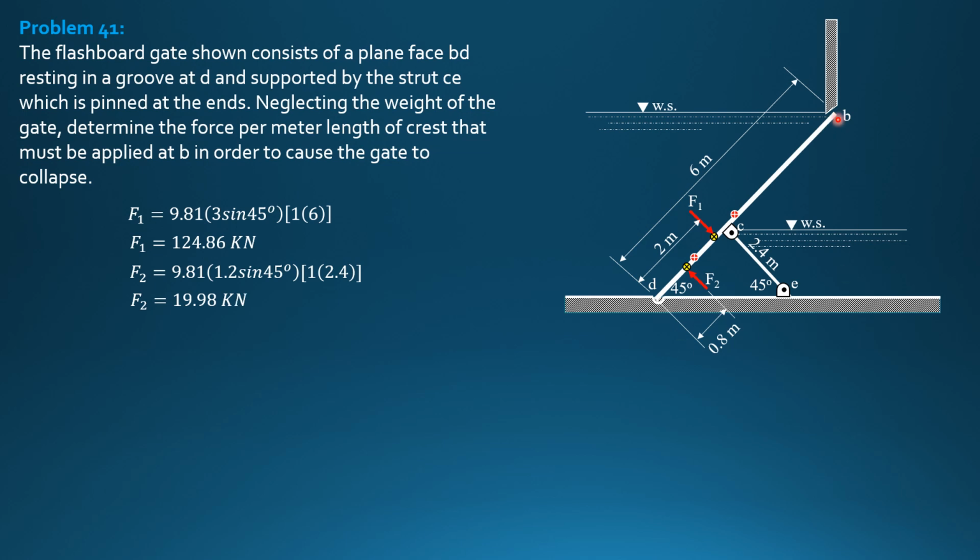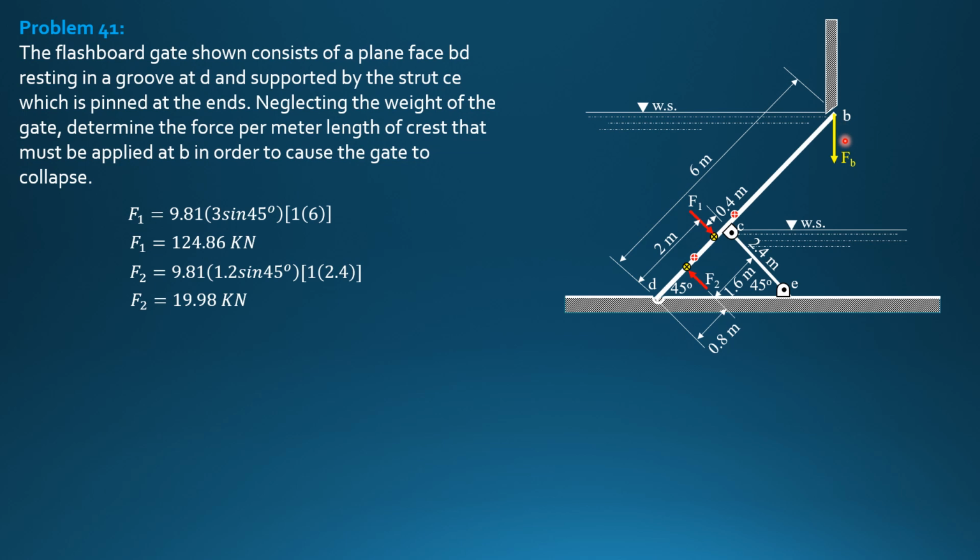The force at B must be downward because F2 is small, although its moment arm is 1.6. The moment arm of F1 from C is 2.4 minus 2, so 0.4. The moment arm of F2 from C is 2.4 minus 0.8, so 1.6.